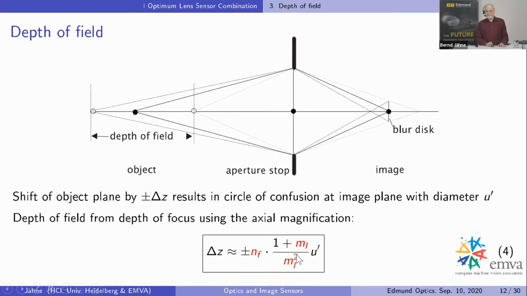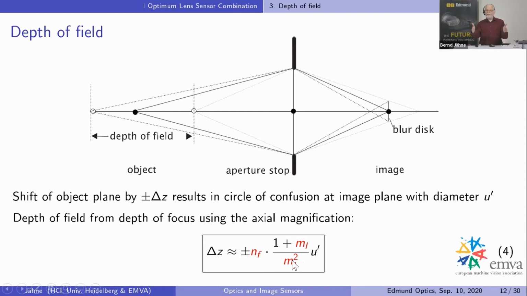But wait a minute, here actually the magnification now is much more important. Again, if we assume that the magnification is small, so normal imaging, then actually the depth of field increases with the magnification squared inversely. So it's really a big effect.